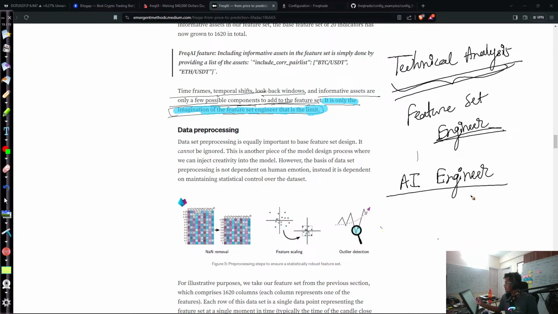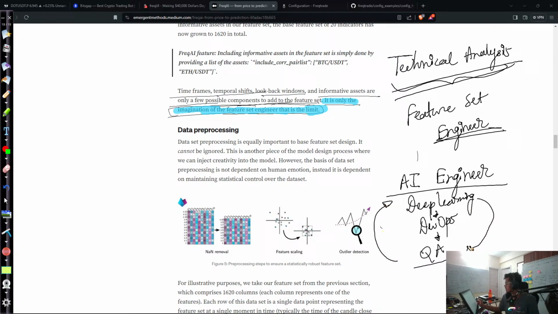AI engineer, what I mean by that is you should be able to do DevOps, build a deep learning model or machine learning model, deploy it, and then make predictions with it. So it's like QA, quality assurance, and then you have this feedback loop.